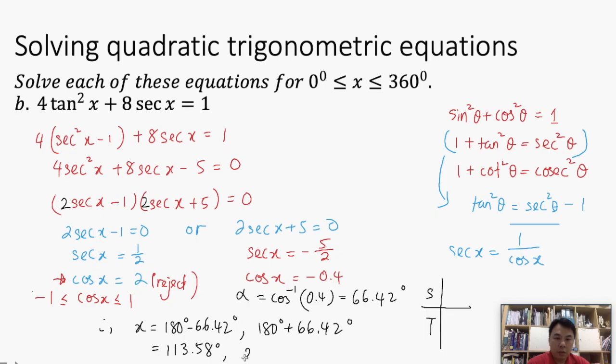The other one will be 246.42 degrees. Alright, so that will be my solutions to this quadratic trigonometric equation. Okay, so I hope that is clear to everyone. Don't forget, checking. Here I did not check, so maybe you can help me to check whether all the solutions are correct.